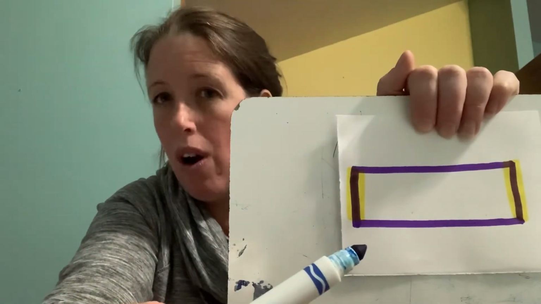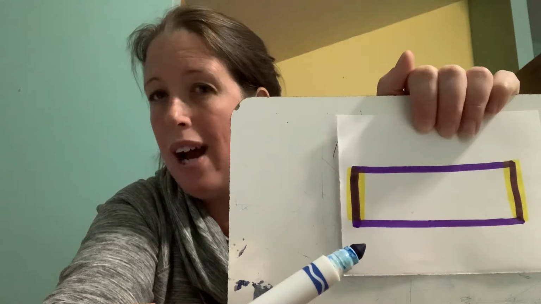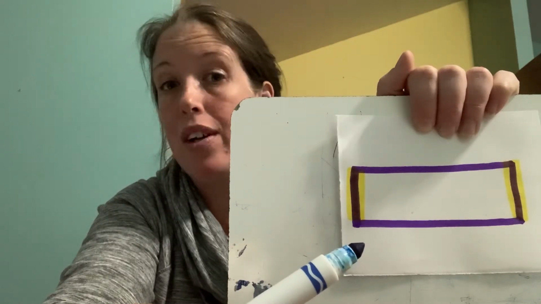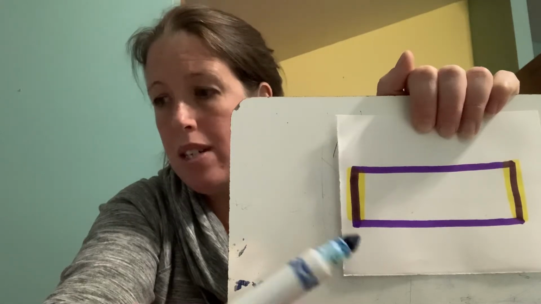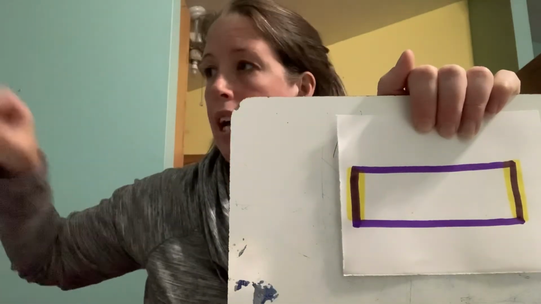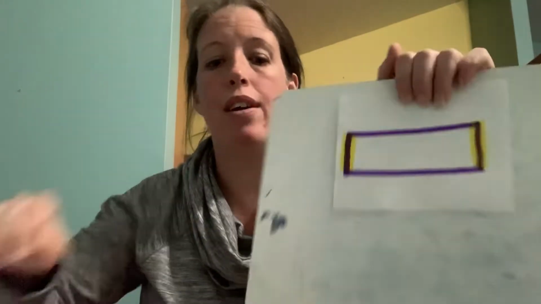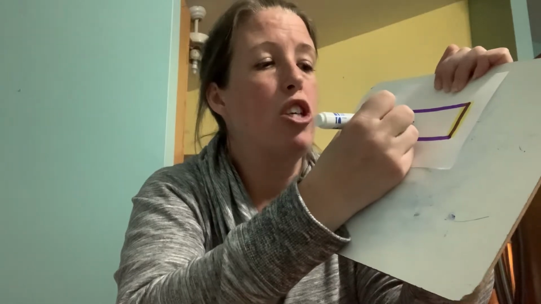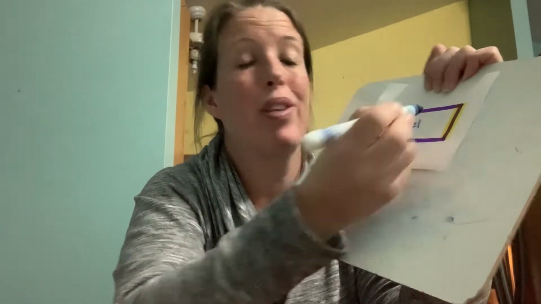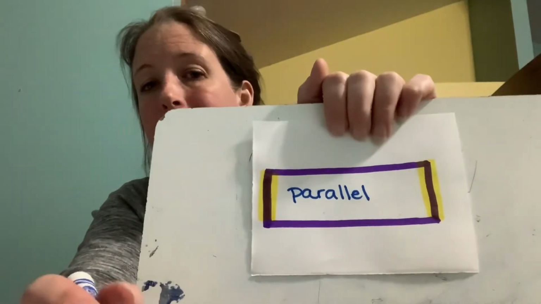So what do I call 2 lines or a pair of sides that will never meet or cross? We call them parallel, okay? And rectangles are special, just like squares, because look here, that's one set of parallel.